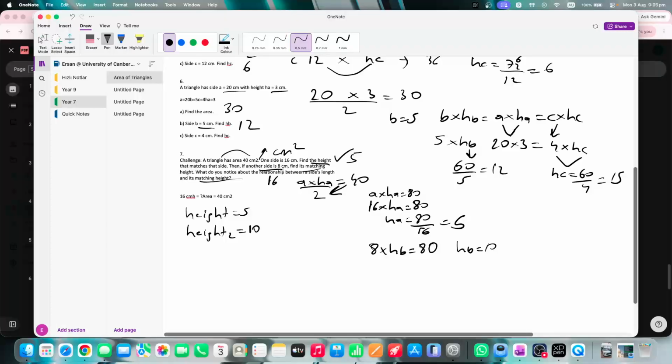So what do you notice about the relationship between a side's length and its matching height? Guys, when you multiply two things and the result does not change, when you increase this, whatever you multiplied by should decrease. Why is it? Because the multiplication will give you the same result. Let's see.